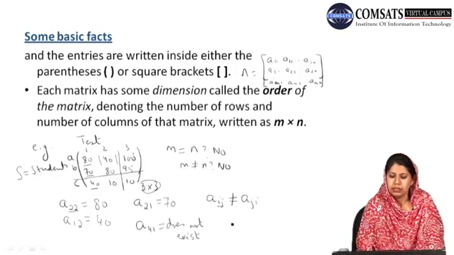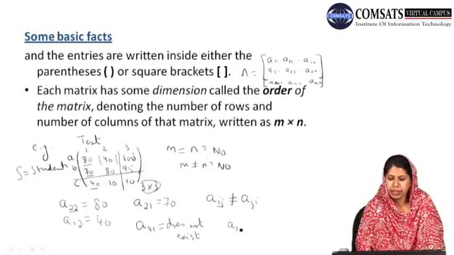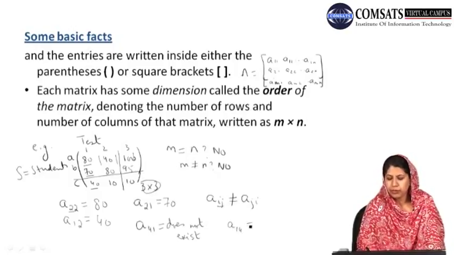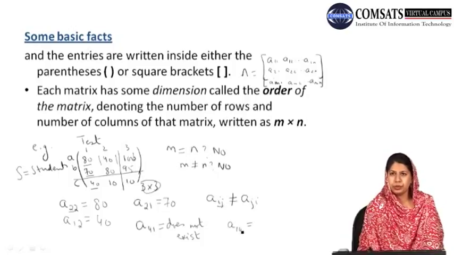Okay. Similarly, if we want to find the entry A14, A14 means i is equal to 1, that is first row, and j is equal to 4, which means fourth column.